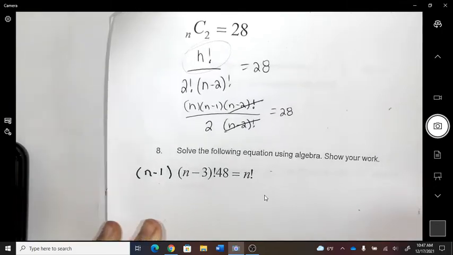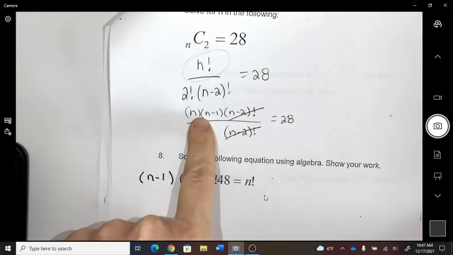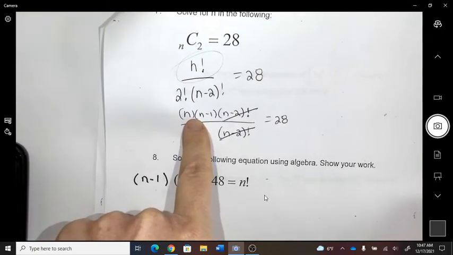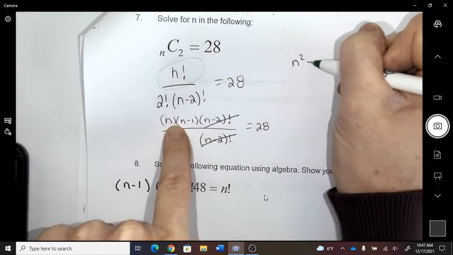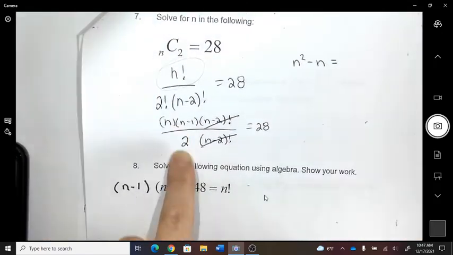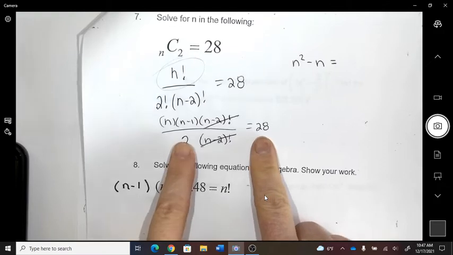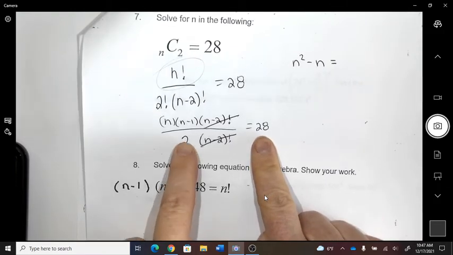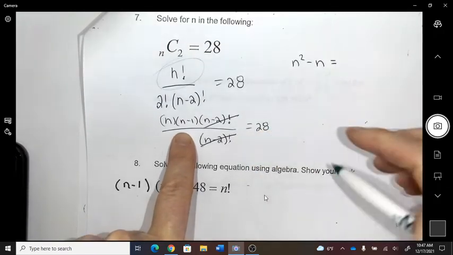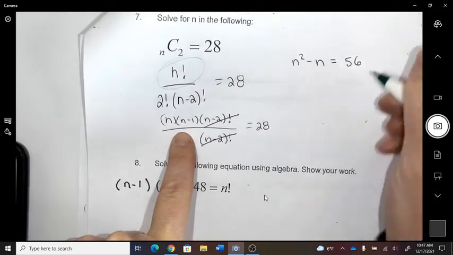Okay, now I'm going to multiply those 2 together, so n squared minus n. And then, are you okay seeing that I'm gonna multiply by 2, and then that's gonna be gone, and that's gonna be a 56.